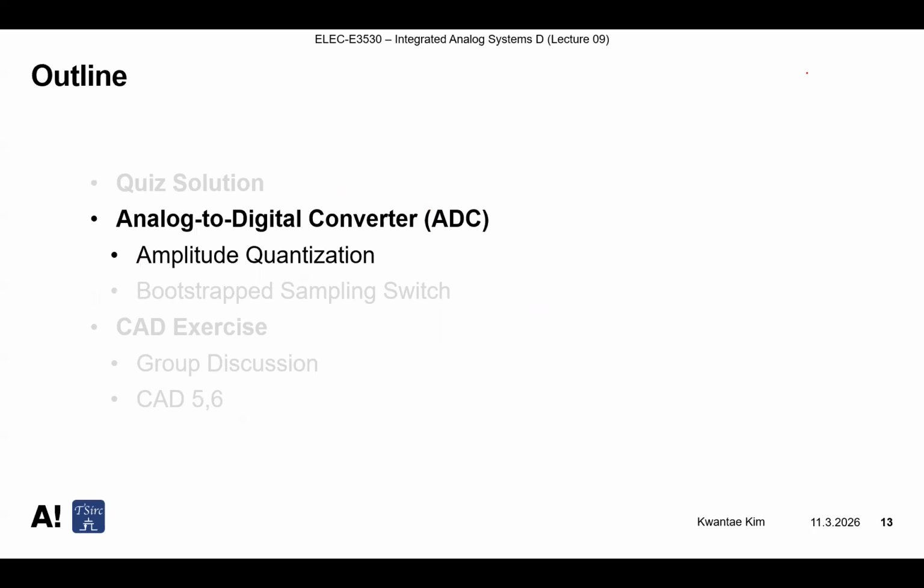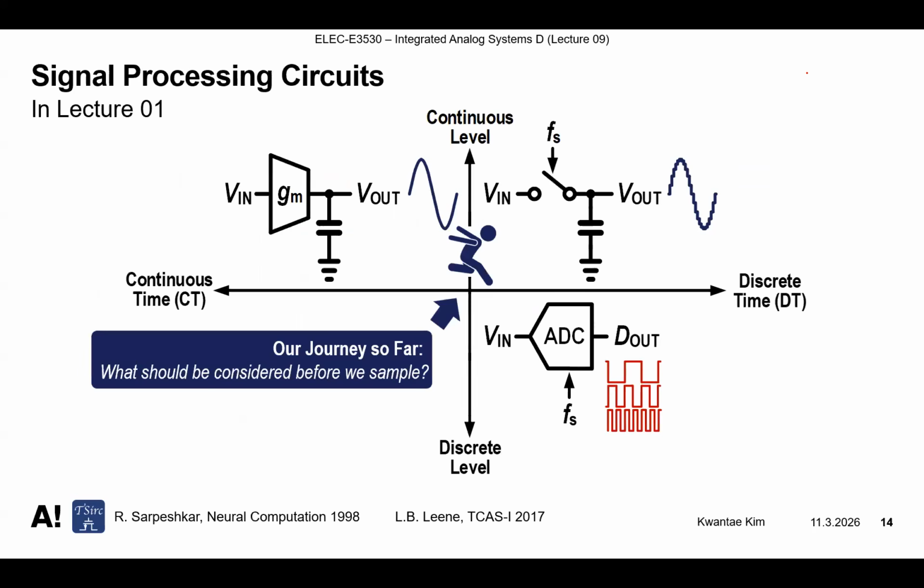All right, then let's move on to the next section of today's lecture, analog to digital converter, ADC. We can first start to talk about amplitude quantization. In lecture 1, if you remember, we discussed four variants of signal processing circuits by dividing level-wise, continuous level or discrete level.